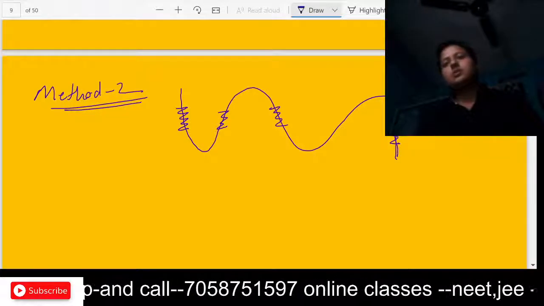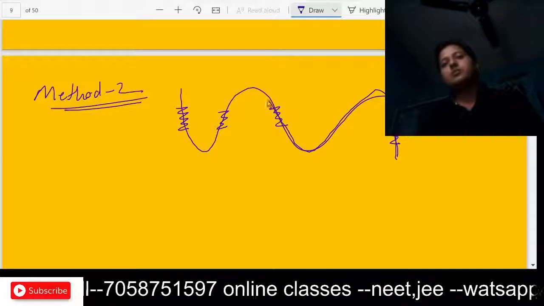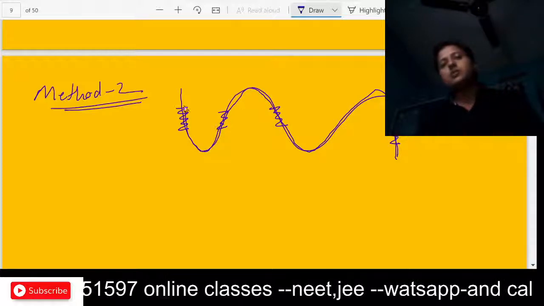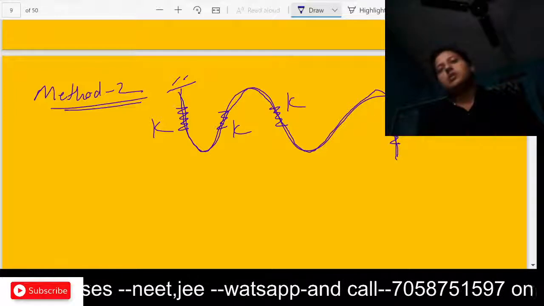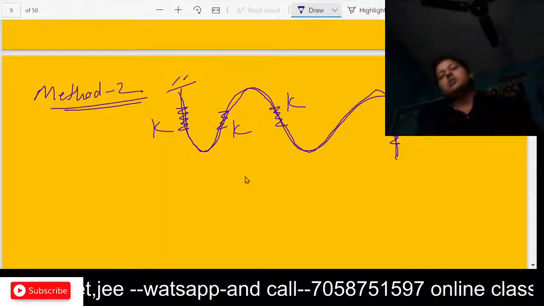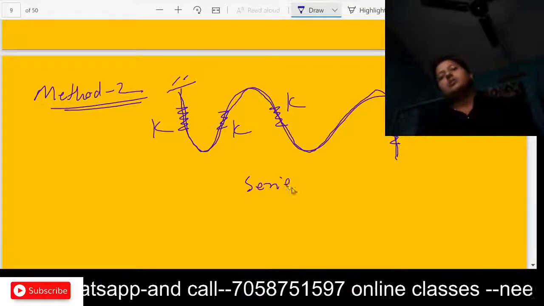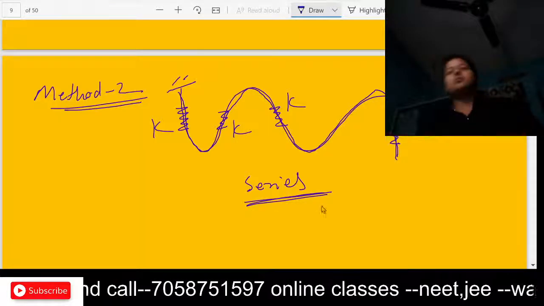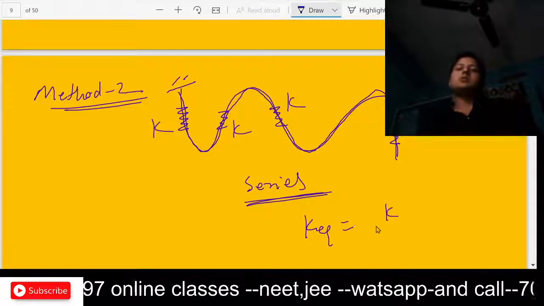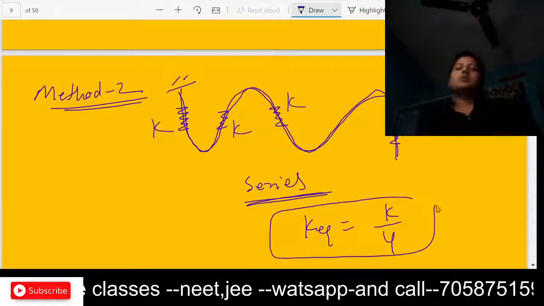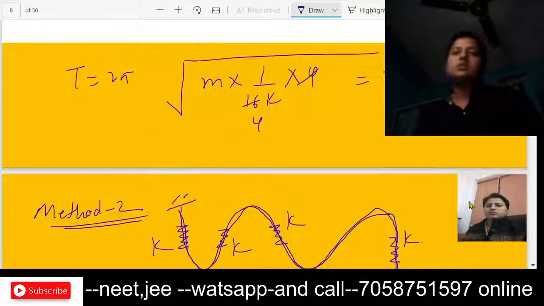So all these springs are connected with a single wire end to end, having constants of K. So these are in series combination. So what is K equivalent? K equivalent is K upon 4.